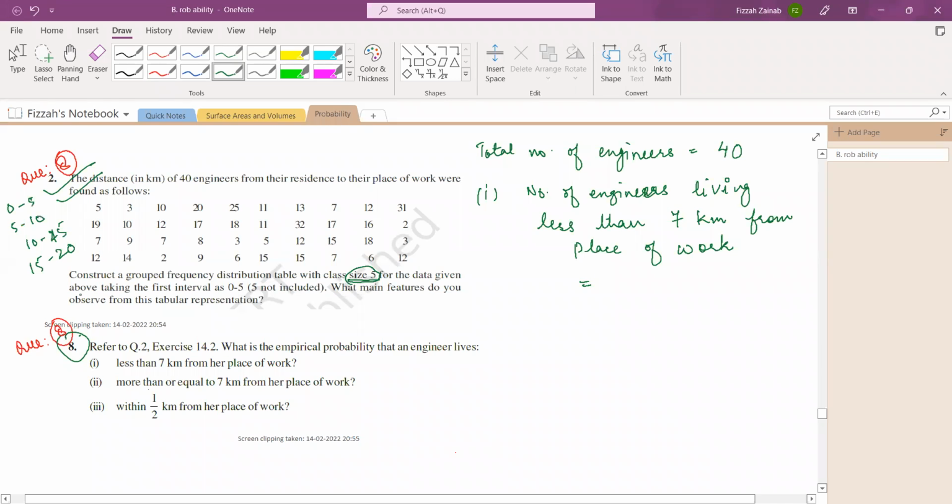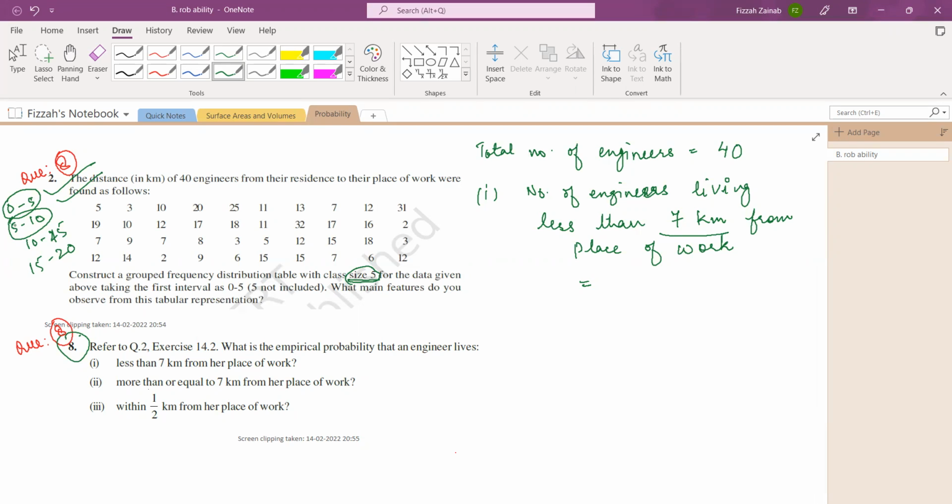So here, there is no need to make a distribution table because you have to take less than 7 kilometers, right? And if you create a group frequency distribution table, here 0 to 5 and 5 to 10. So how will you take less than 7 in this case? Yes, there's a problem. Yes, Hamna?